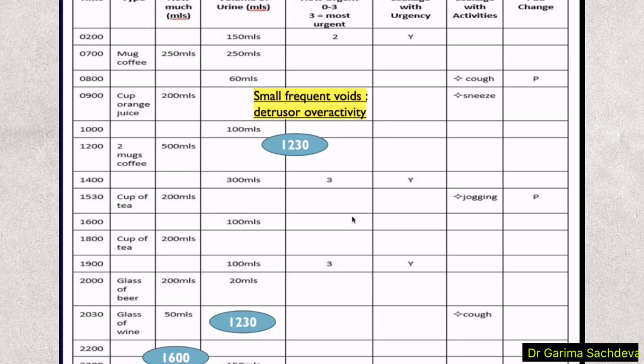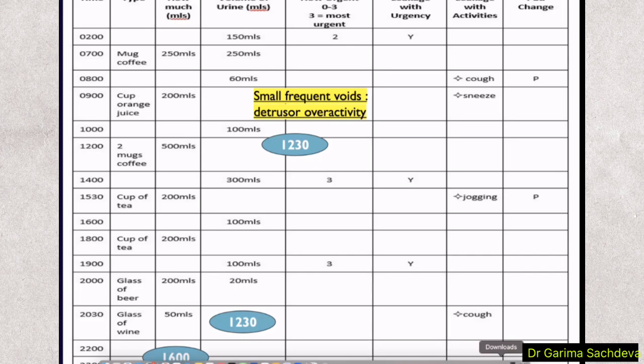Three times this has happened, and also with coughing and jogging there is leakage. That means it's a kind of mixed incontinence, stress incontinence as well as overactive bladder. So this bladder diary looks like mixed incontinence.